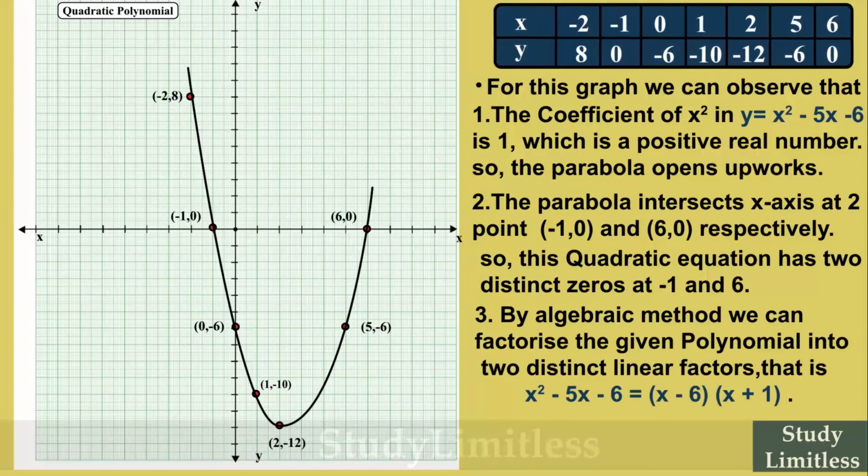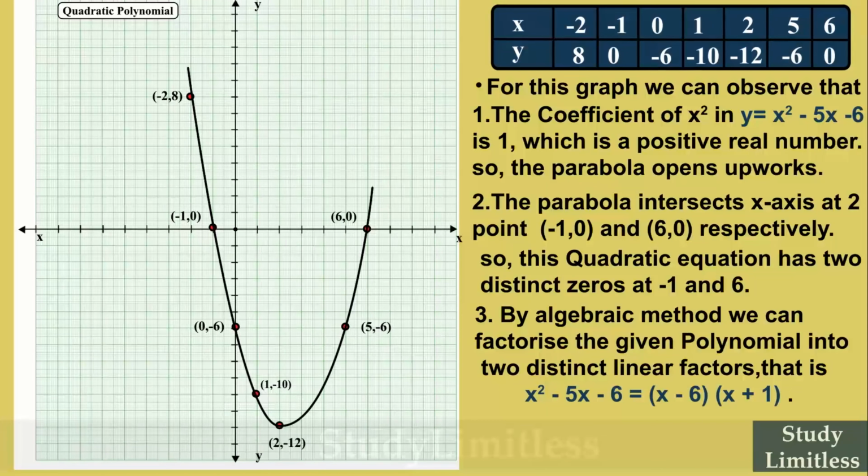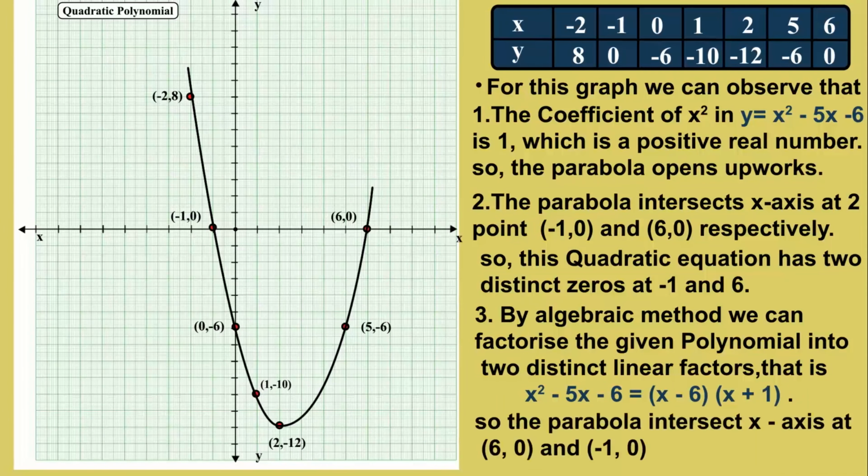By the algebraic method, we can factorize the given polynomial into two distinct linear factors. That is, x square minus 5x minus 6 is equal to (x minus 6)(x plus 1). So the parabola intersects the x-axis at (6, 0) and (minus 1, 0).